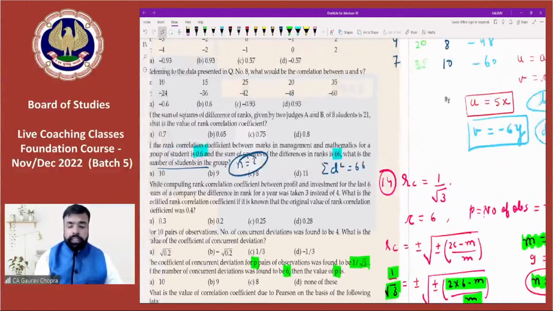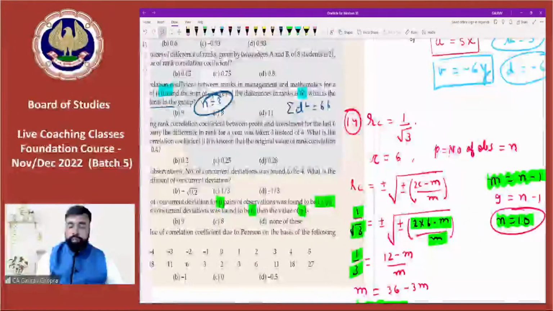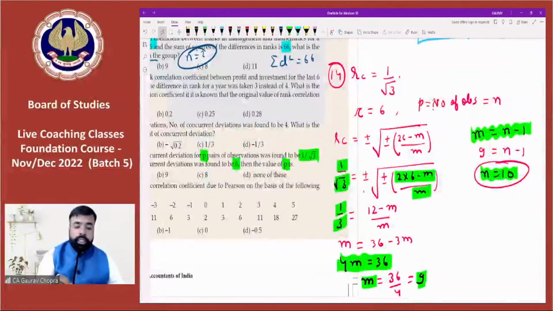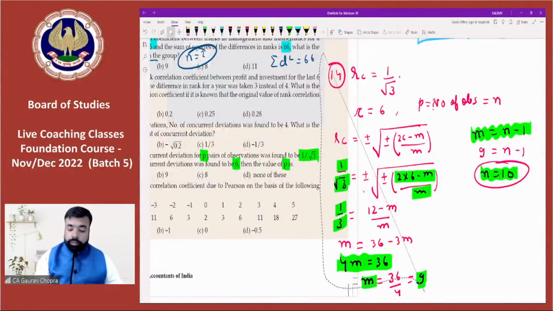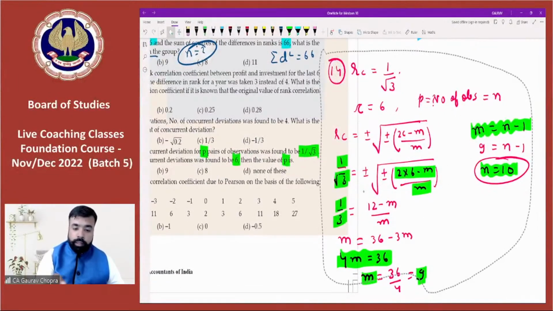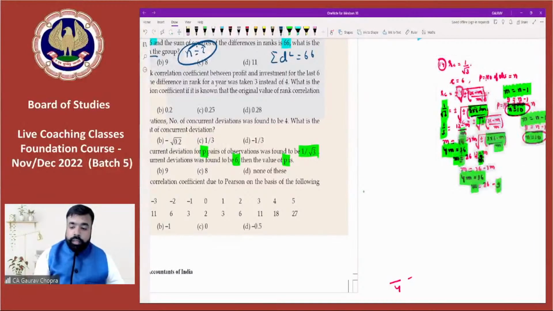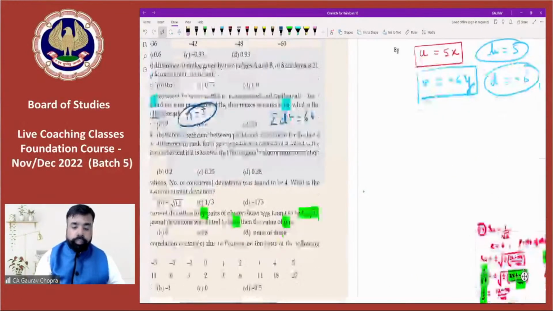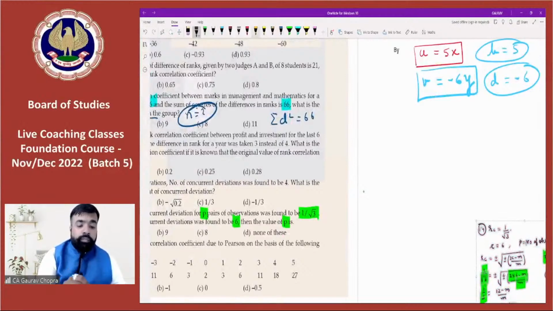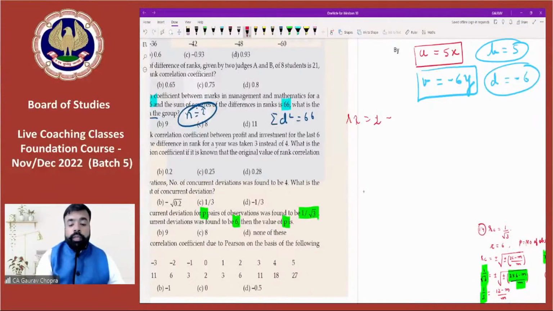So in such cases, what we have to do, again, apply the formula for rank correlation. So let us put the formula. For rank correlation, we have learned the formula r equal to 1 minus 6 sigma D square upon N into N square minus 1.